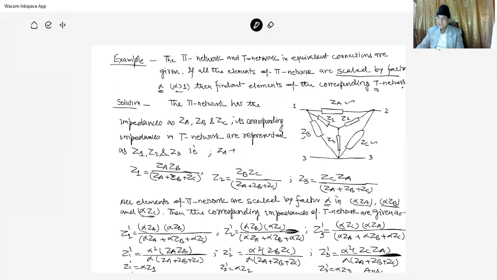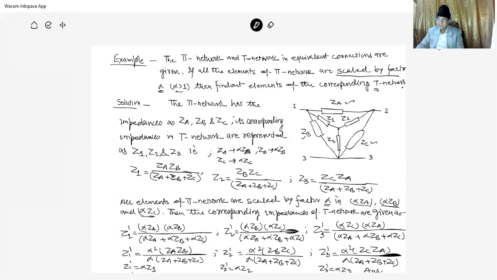ZA is scaled to alpha ZA, ZB is scaled to alpha ZB, and ZC is scaled to alpha ZC. Scaled means in place of ZA, ZB, ZC, we have to write alpha ZA, alpha ZB, and alpha ZC. So let us see what happened.